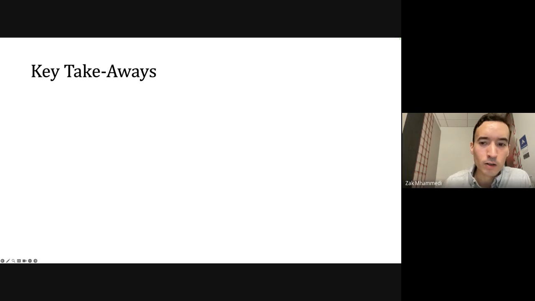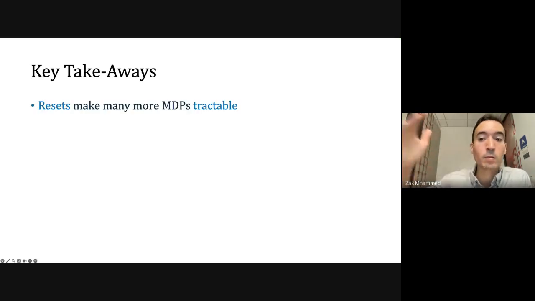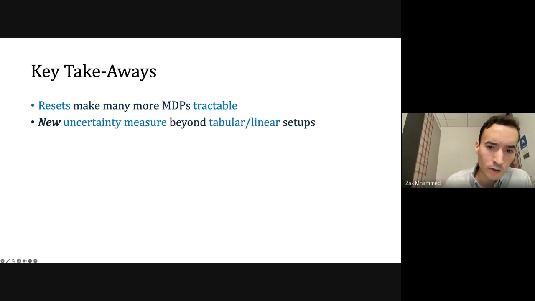So to wrap up, here are the main takeaways. Resets make many more MDPs tractable compared to online RL, and this opens up new avenues for applying RL. The other novel thing is we introduced a new uncertainty measure for state action pairs that goes beyond tabular and linear setups.